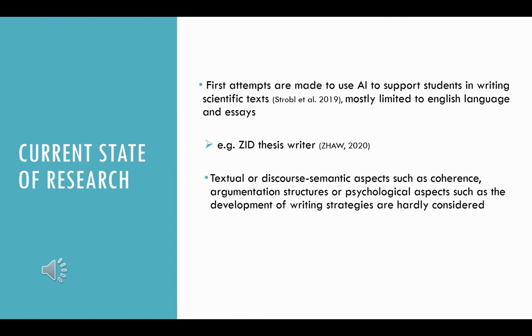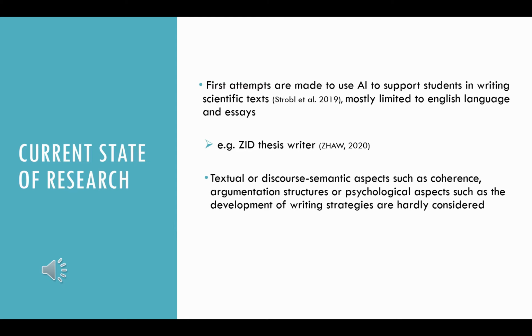There are also some recent attempts to support students in writing scientific papers using AI-based technologies. For example, we can refer to the thesis writer of our colleagues at Zurich University of Applied Sciences in Switzerland. However, such tools do not focus as much on semantic aspects of language, like coherence or argumentation structures, for example.